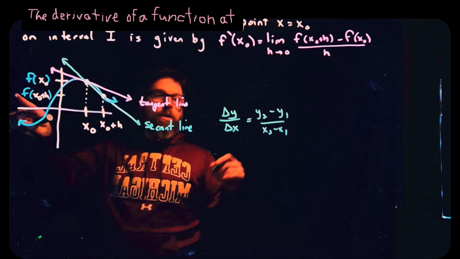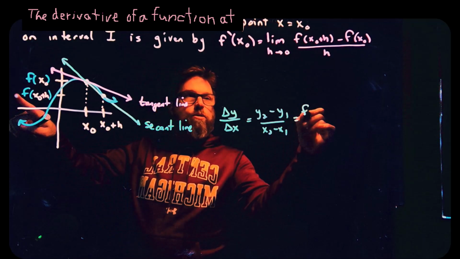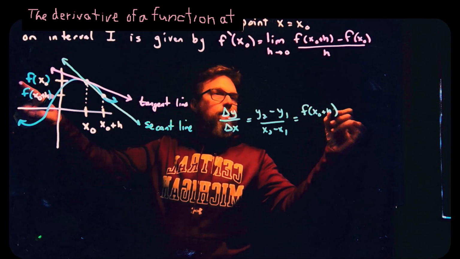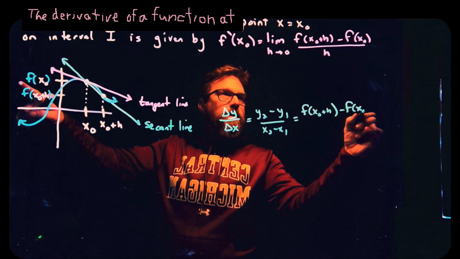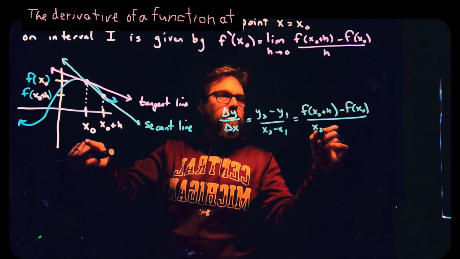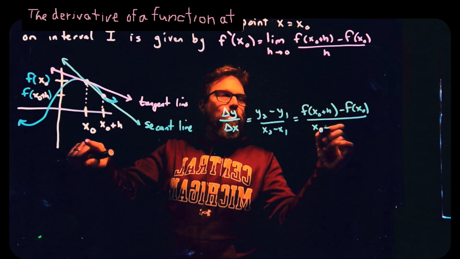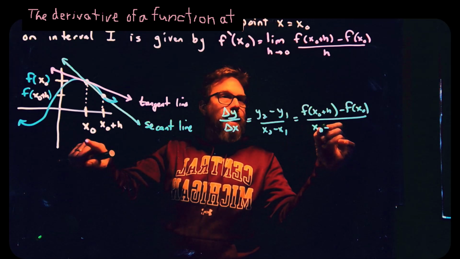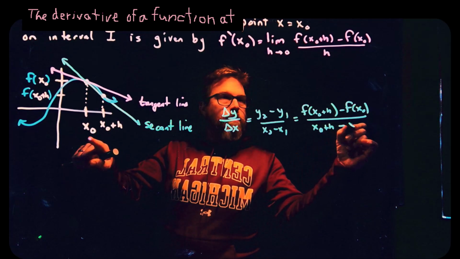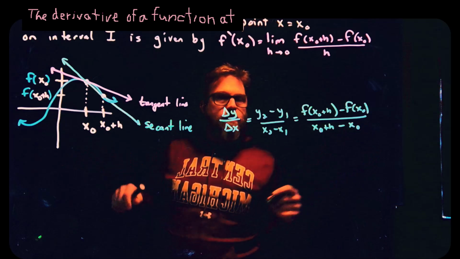So this will be our y2, which is f of x naught plus h, minus your y1, which is f of x naught. And this is all over x2 minus x1, where x2 is x naught plus h, minus your x1, which is equal to x naught.